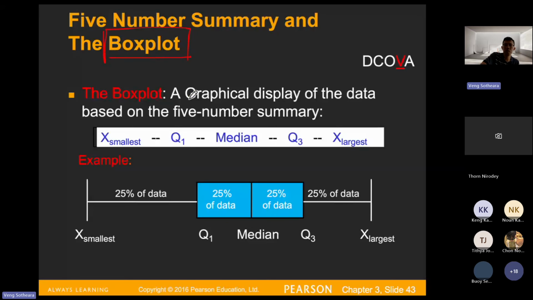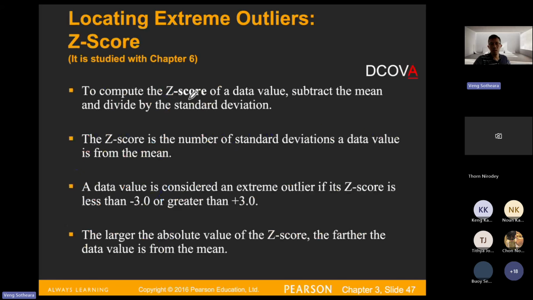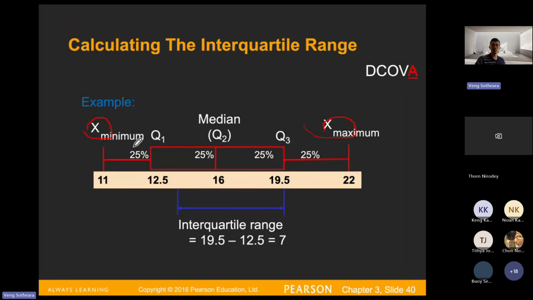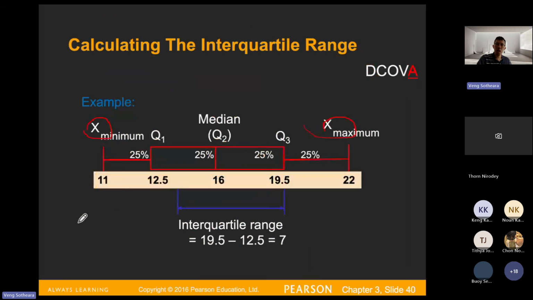We use a box to plot the graph, so this is called the box plot, from this data set that we have just computed, Q1, Q2, and Q3. In a box plot, you need the five summary measures: X minimum, Q1, Q2, Q3, and X maximum.